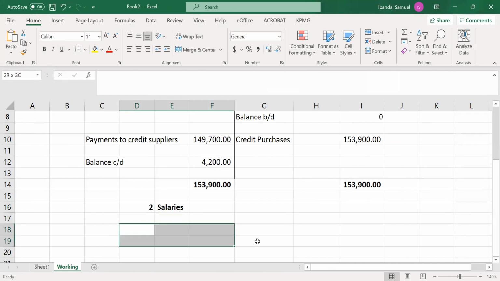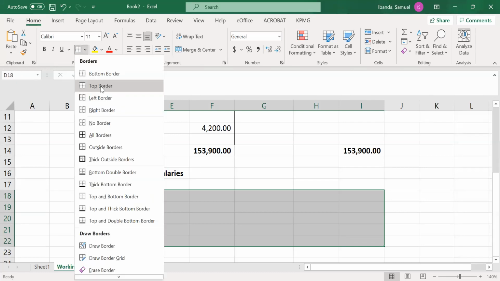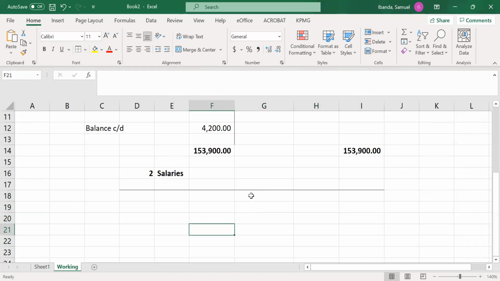The best thing I'm going to do is to draw up an account, okay? I'm going to use a T account to try to analyze this. So this is what I do have.